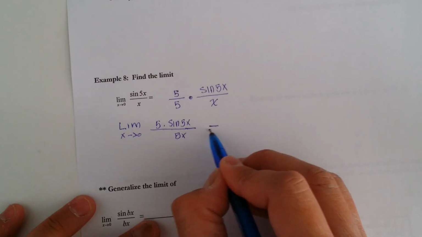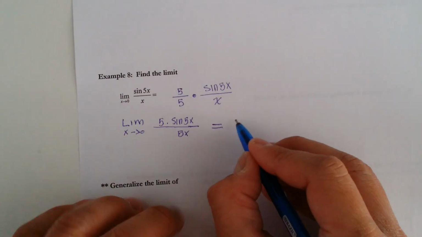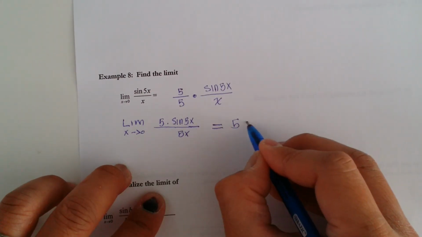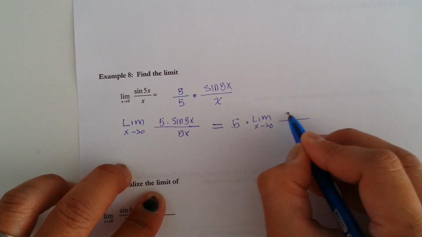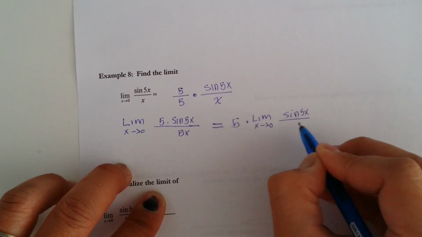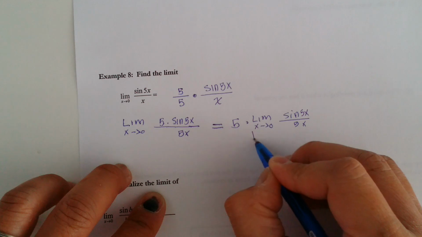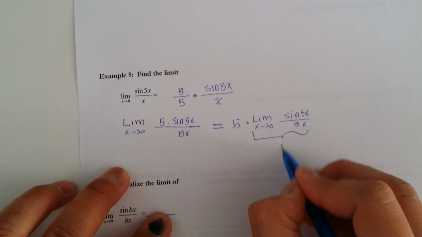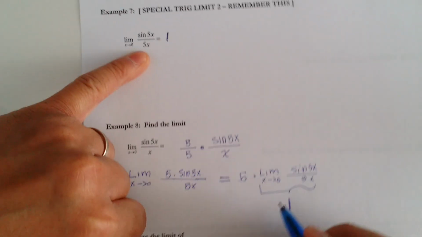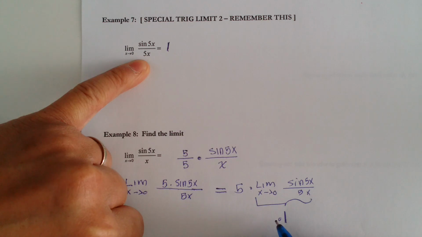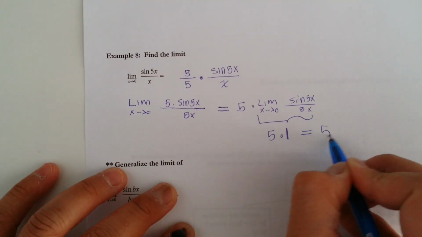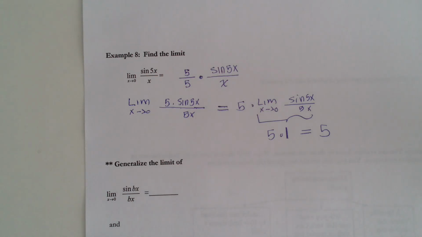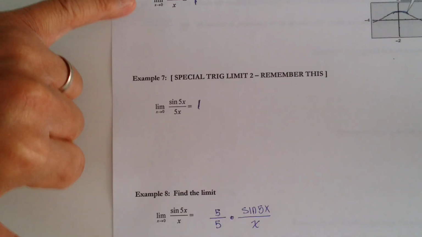So what we do now is pull this 5 in the front, and then you have your limit problem looking like this. From the previous problem, we know that that equals 1, right? Right here, see? And then you bring the 5 down. 5 times 1 is 5.